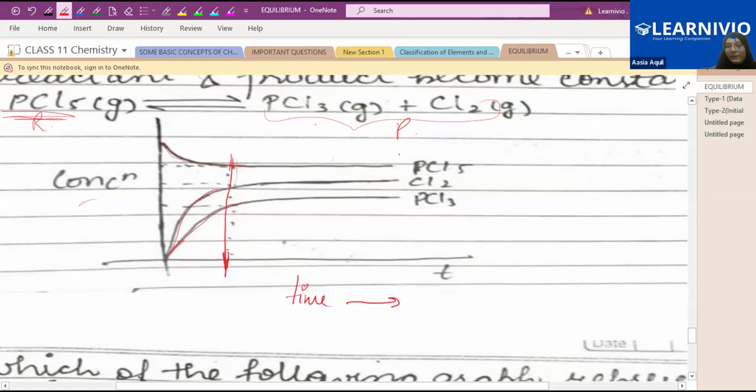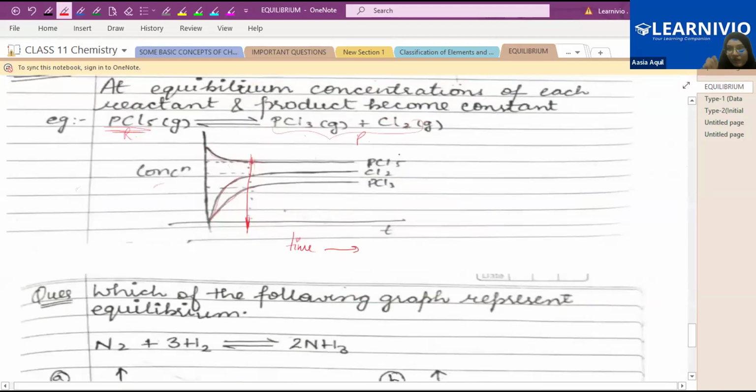So when the reaction reaches equilibrium, the concentrations of product and reactant become constant, and that is the ideal graph of equilibrium. When some reaction is in equilibrium, it will show this type of concentration versus time graph.